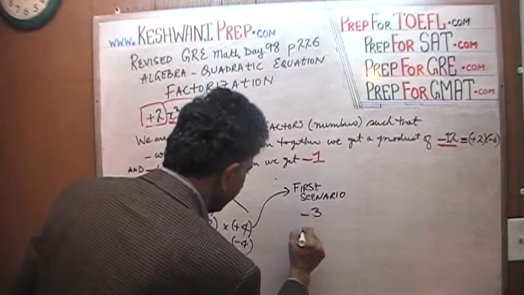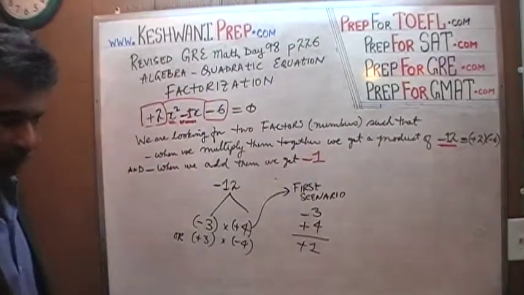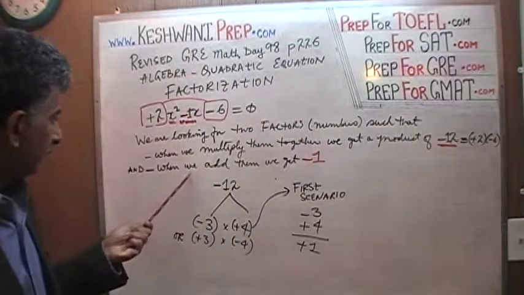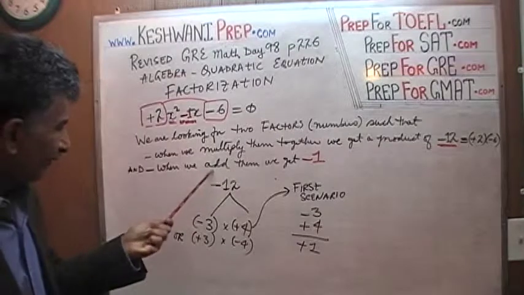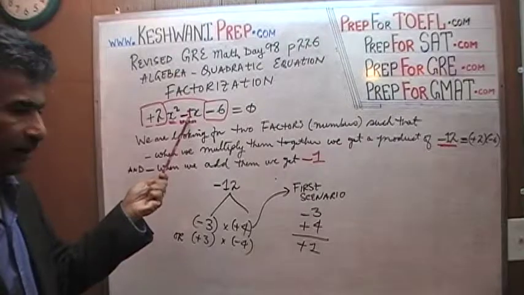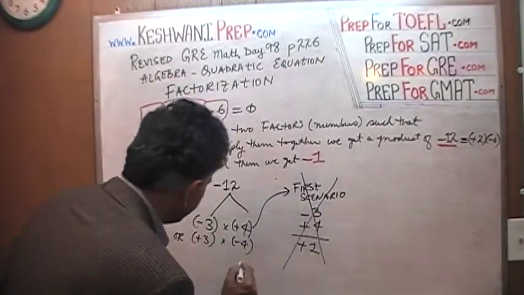A negative 3 and a positive 4 adds up to positive 1. That won't do the job. We don't need a positive 1. When we add them, we must get negative 1, the coefficient of the middle x. This adds up to positive 1. This is no good.